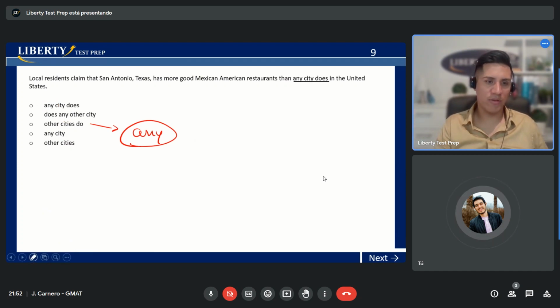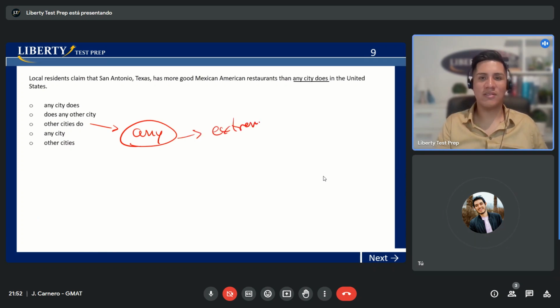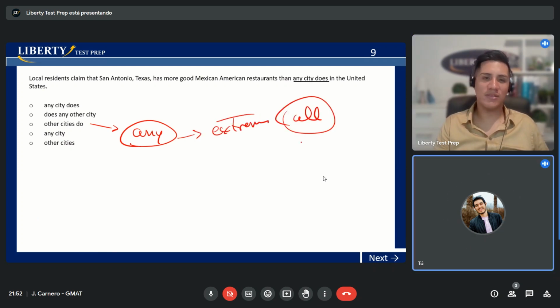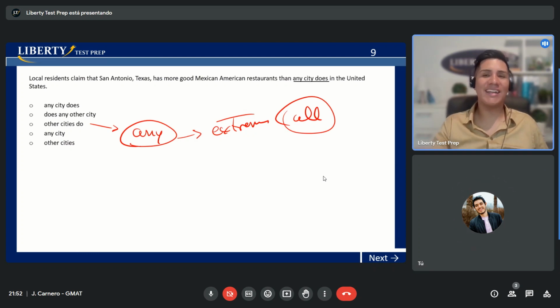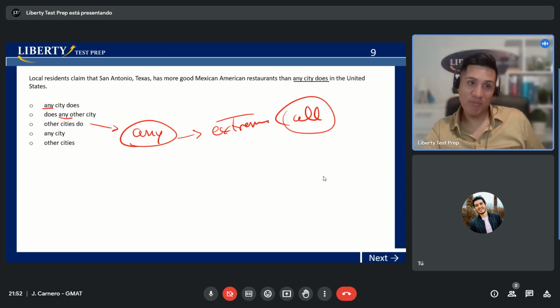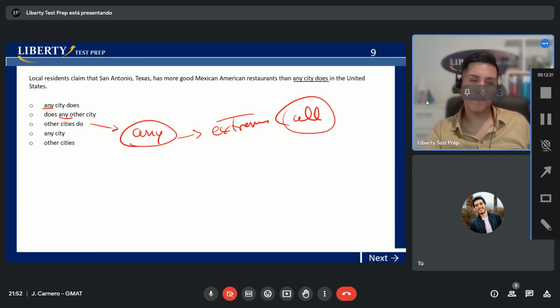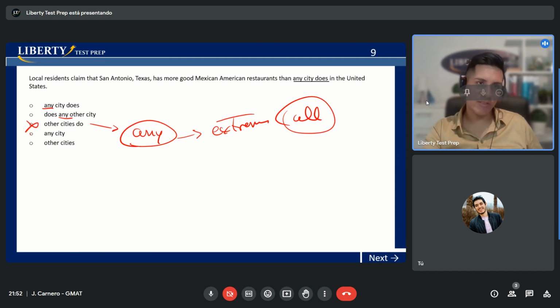It's not nothing. Any is an extreme word, actually. It's like all the others. If you say I'm better than any other person, we're saying all the others. So the same thing here: San Antonio has more restaurants than any other. That means all the other ones. If you don't say that, the meaning is not the same because it's not about all the others, just maybe some others, partial, right? So we need any.